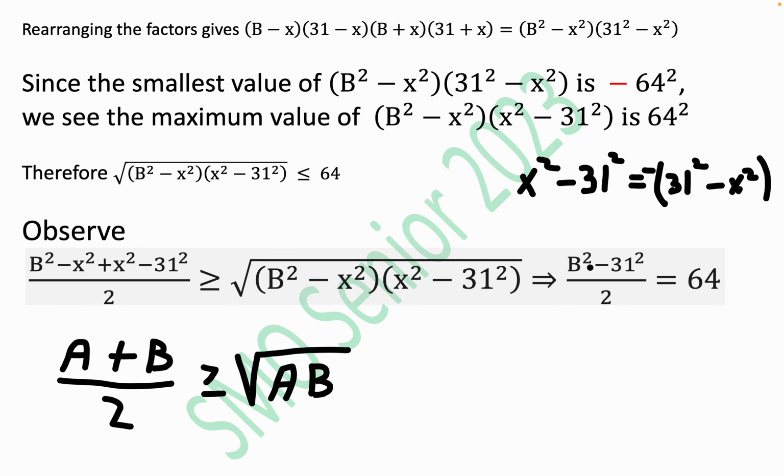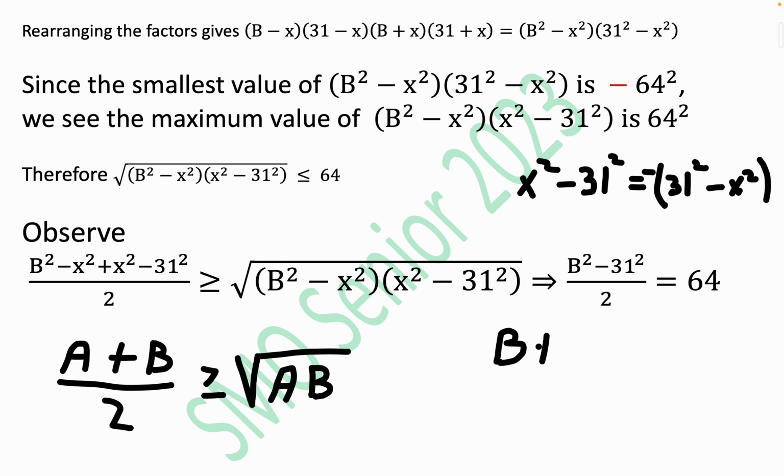Notice this is the difference of two squares, so we can write down b plus 31 times b minus 31 is going to be equal to 2 times 64, which is 128.